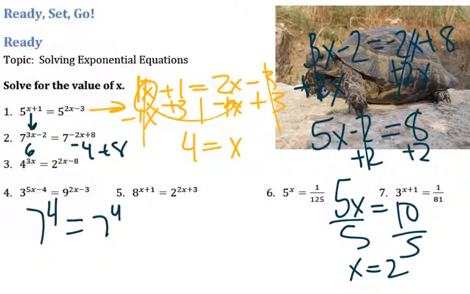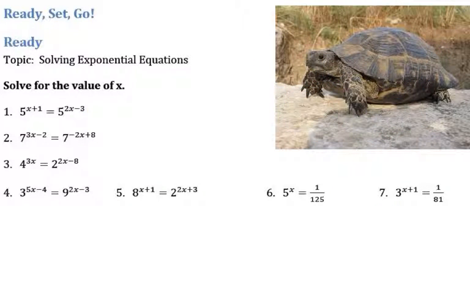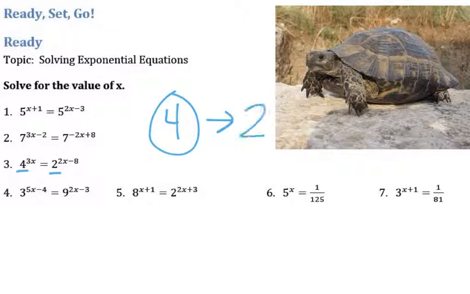Now, when we look at 3, 4, and 5, we see that we have different bases, don't we? Okay, now here's where it gets a little trickier. So you look at those two bases, 4 and 2. Can 4 become some sort of exponent with a base 2? Well, yeah, 2 squared is 4.